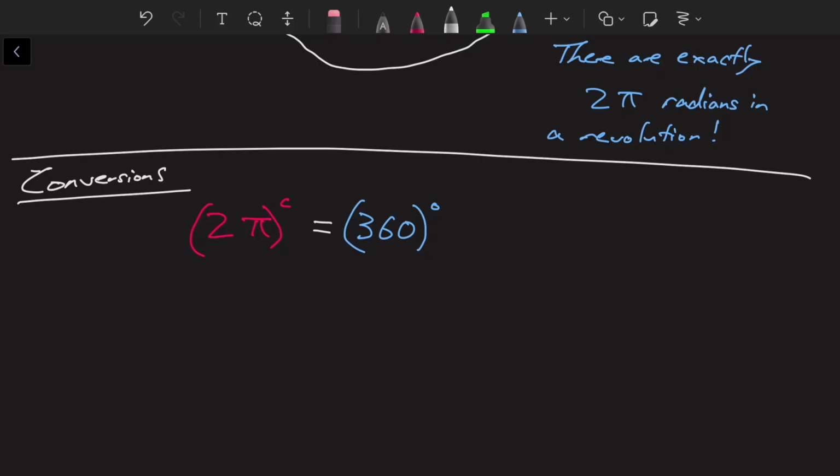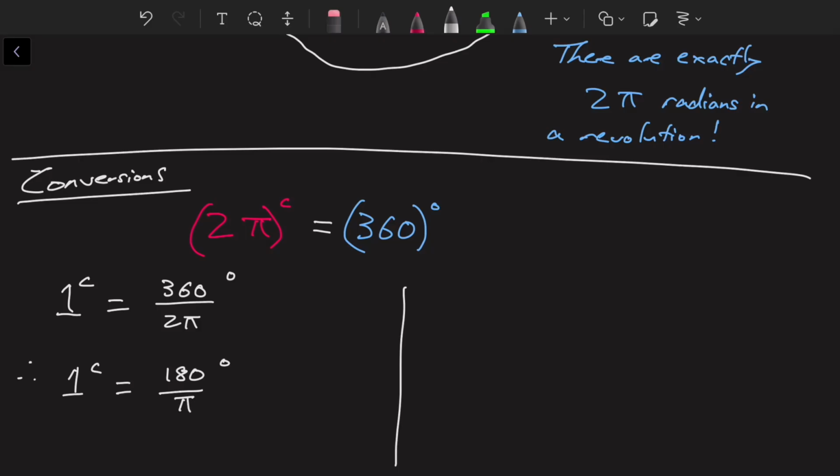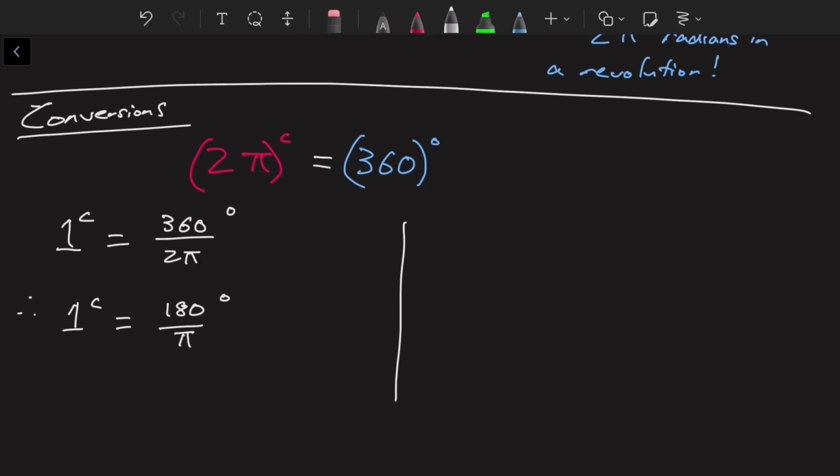So we can divide both sides, and we can say 1 radian is equal to 360 over 2 pi degrees, which tells us 1 radian is equal to 180 over pi degrees. Okay? Which is pretty cool.